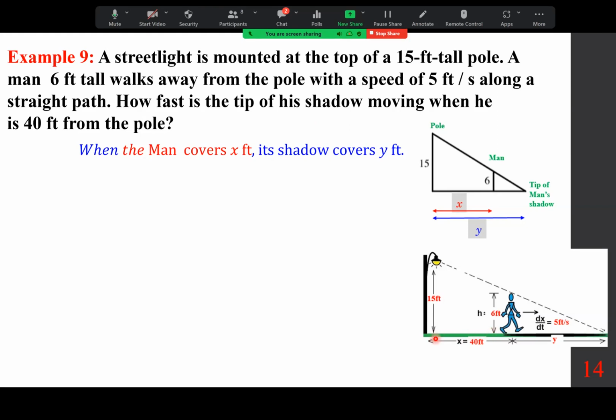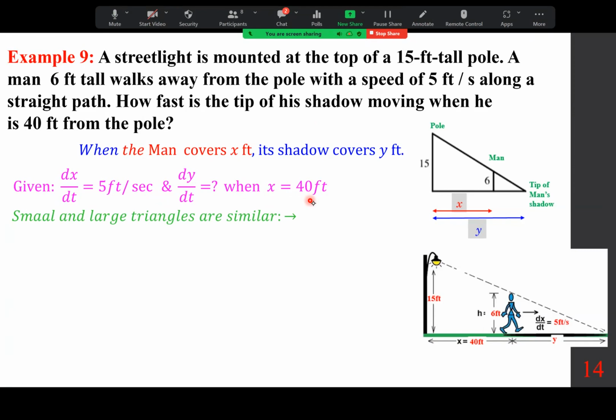Now, it's important to see what is given. dx dt is 5 feet per second, dy dt when x is 40 feet. Well, again, we have a small and large triangle.